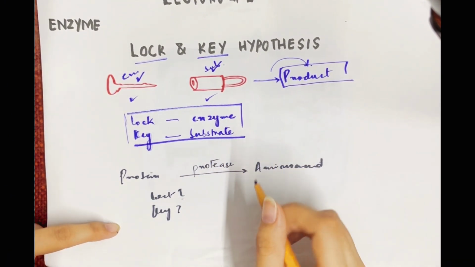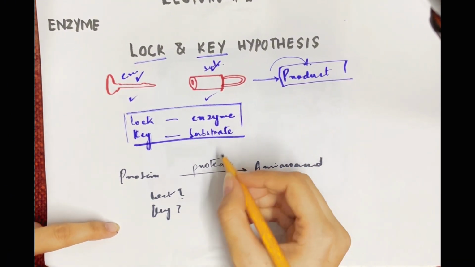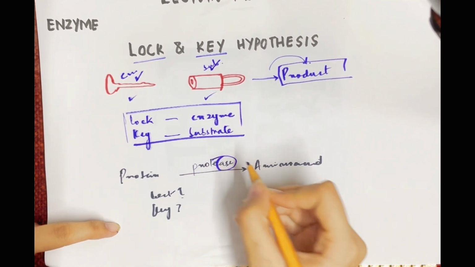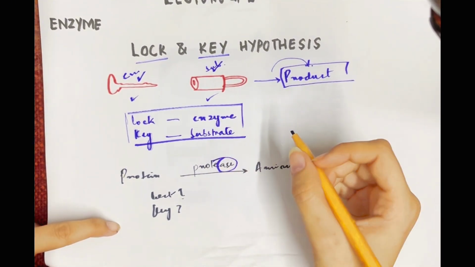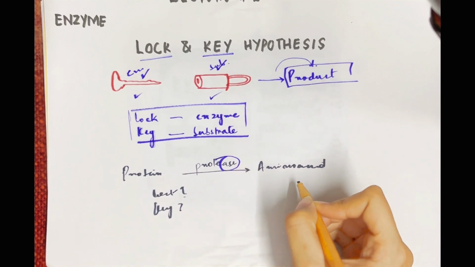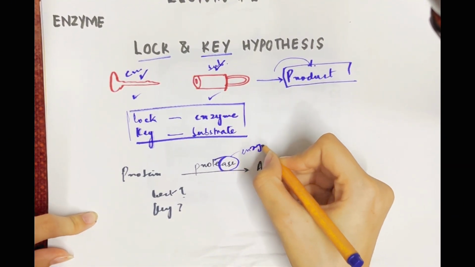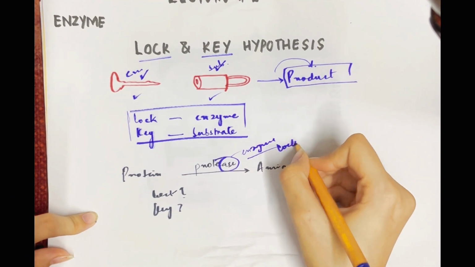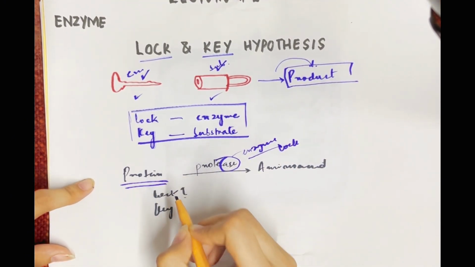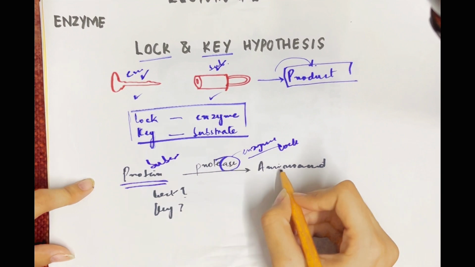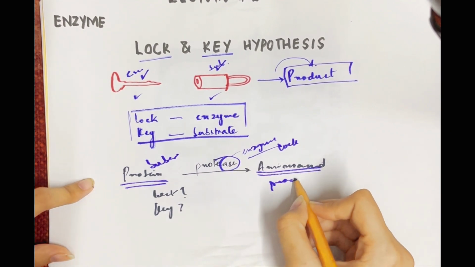An enzyme can be determined by the fact that they have "ase" in their name. Since protease reacts on protein to convert it into amino acid, protease is an enzyme, that means it is a lock. Whereas protein is a substrate that in turn forms a product that is an amino acid.